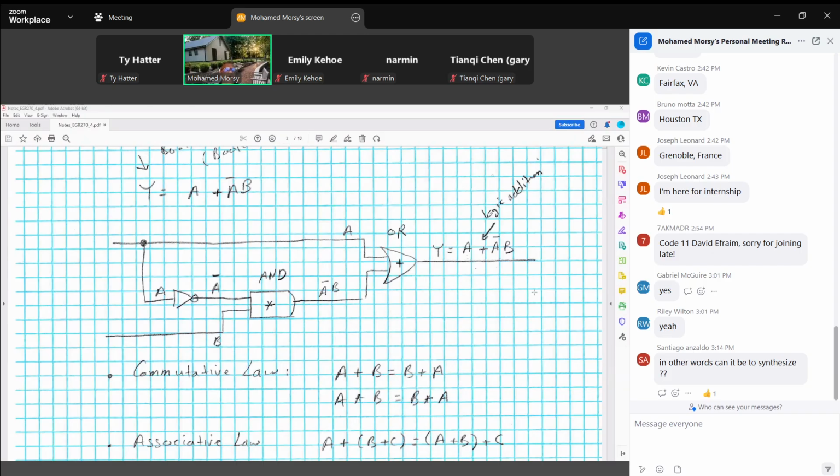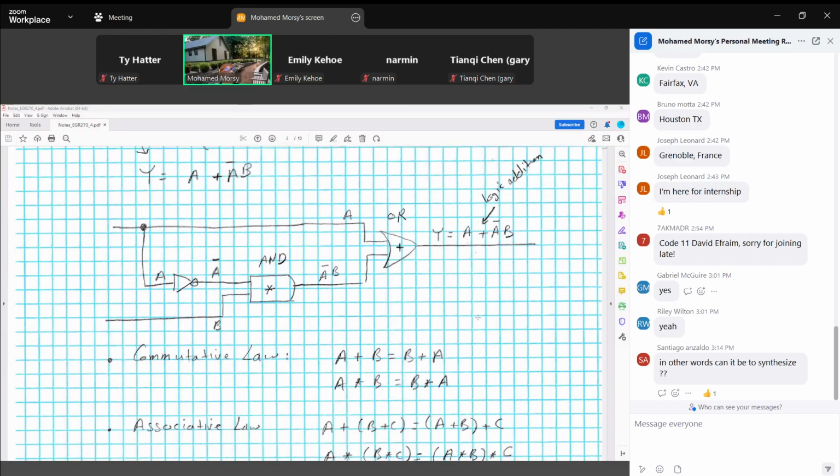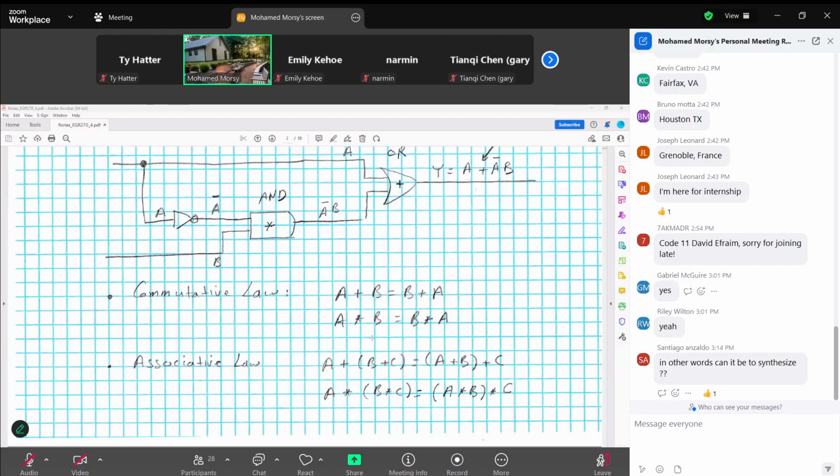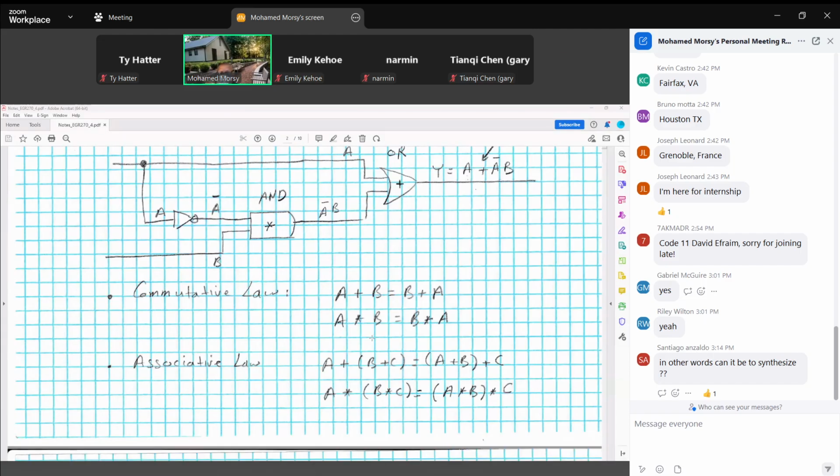Again, we start with the output, and then we go back step by step until we reach the original inputs, like A, B, C. Okay? Is this clear? Any question, please? Please, if you have questions, ask.